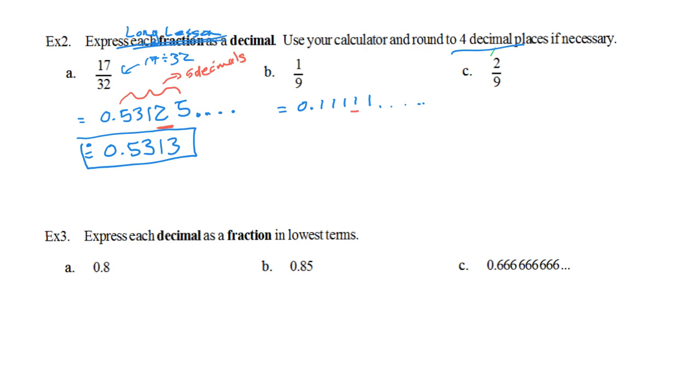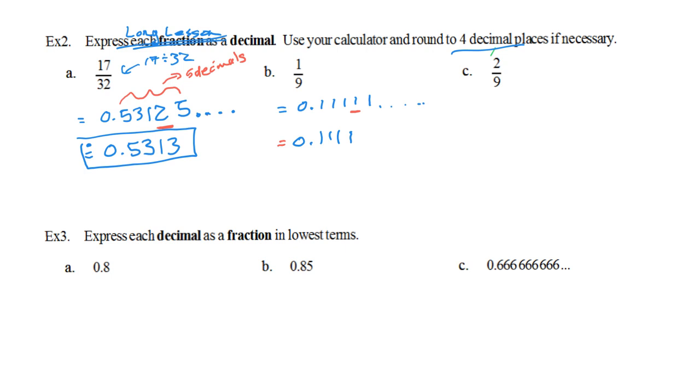And now, this spot here is what we're going to look at, the 1. That 1 beside us tells us that our final answer is going to be 0.1111, and that's it. Because it's less than 5, we leave it.